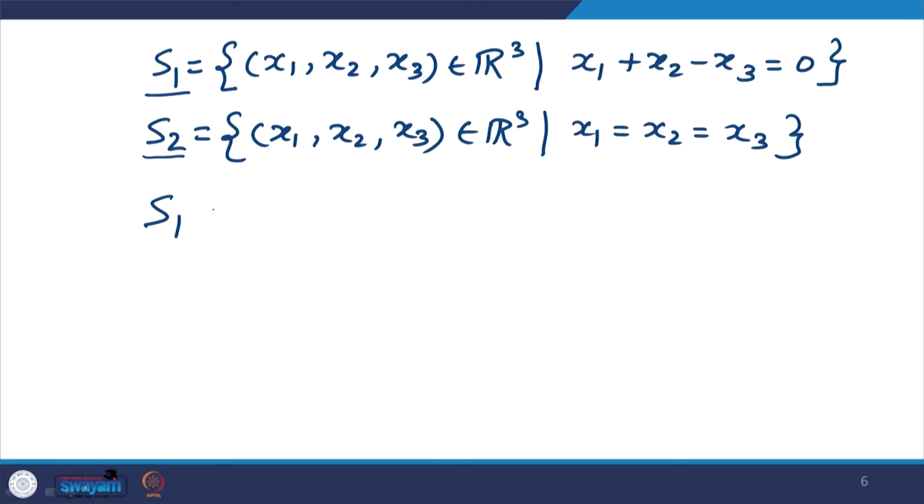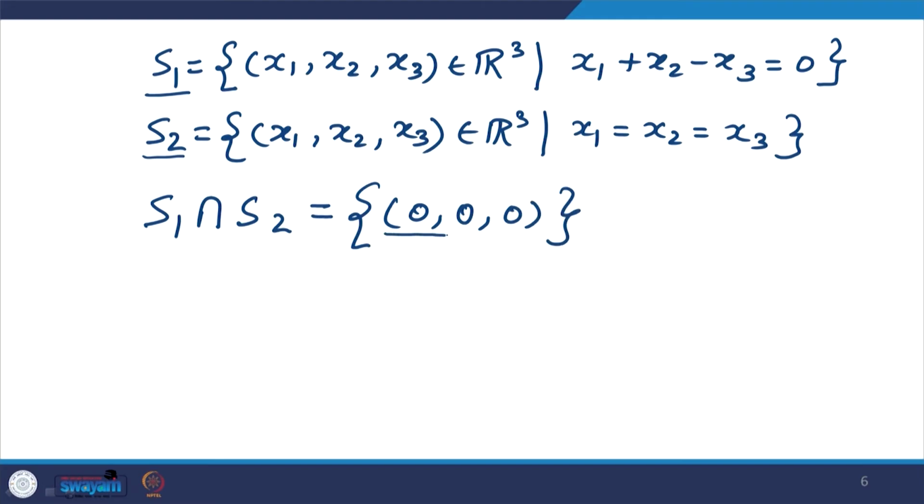What is the intersection of S1 and S2? Here the intersection will be only the 0 vector, because this vector satisfies both of these properties. No other vector in R3 will satisfy both, because one property says all three components are equal, and the other says the sum of the first two components equals the third one.